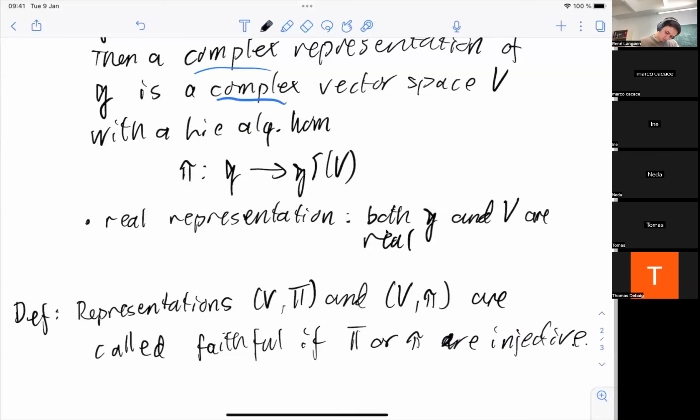So that's when you really get to express the full group or Lie algebra in your larger space, when you have something that's faithful.